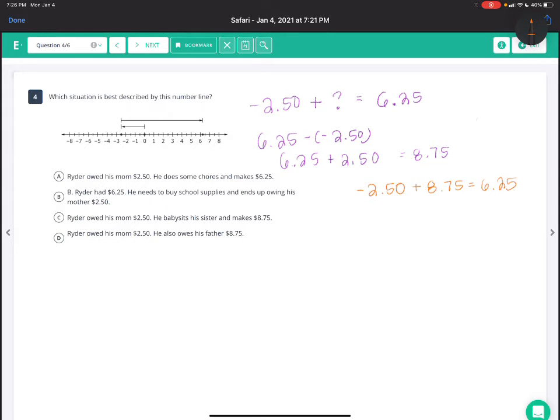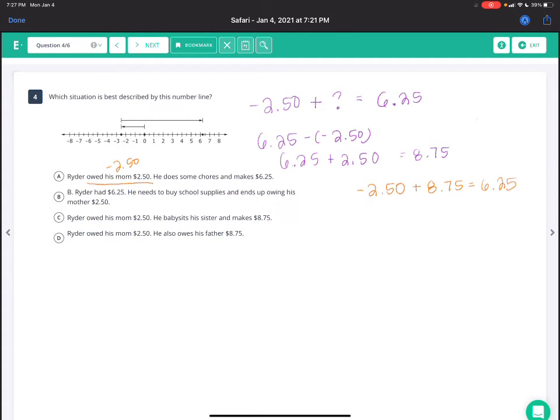Let's look at part A. It says, Ryder owed his mom $2.50. He does some chores and makes $6.25. They point out that he owes his mom $2.50, which would indicate a negative $2.50, right?